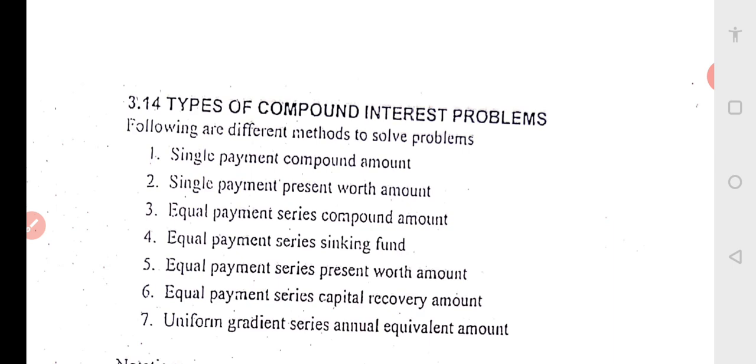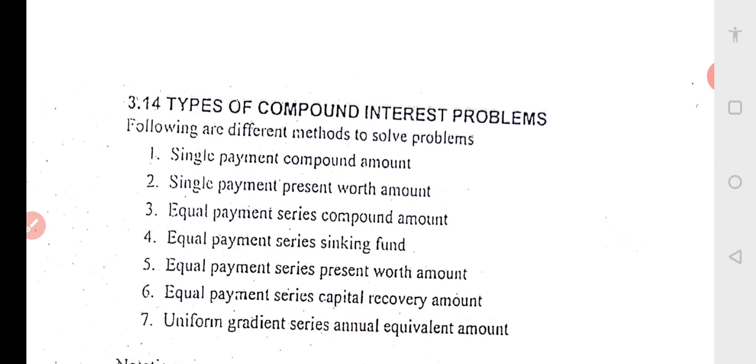When you have to make decisions, you should know how to compute, and to compute there are various methods. Based on these methods we will get the present worth method, future worth method, and annual equivalent method. These terms we will get in the next module.